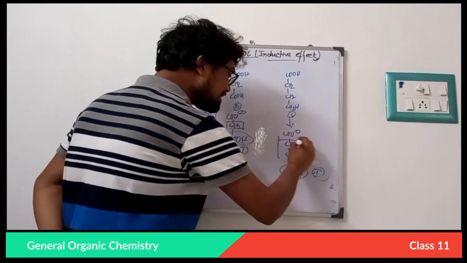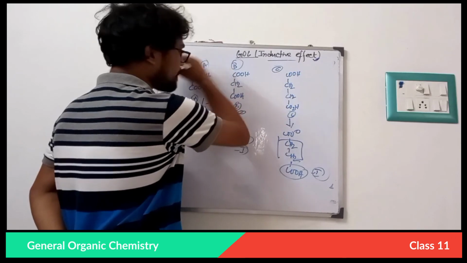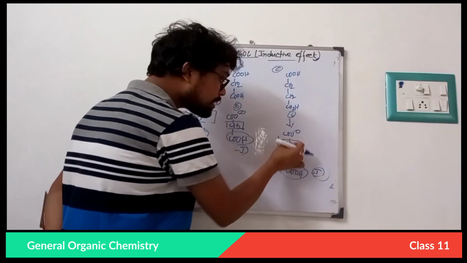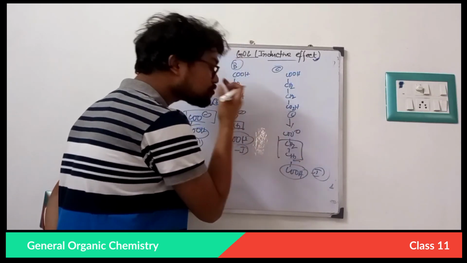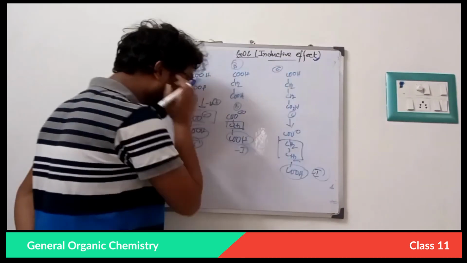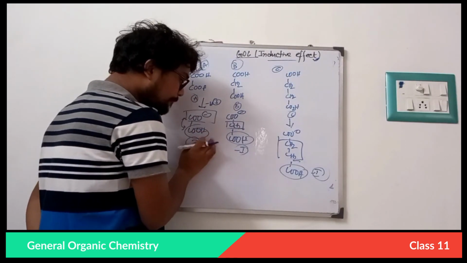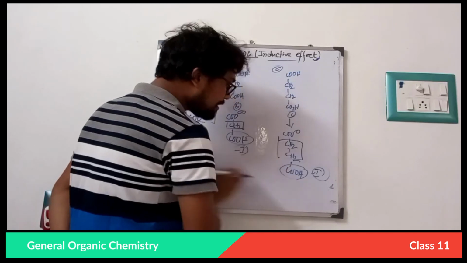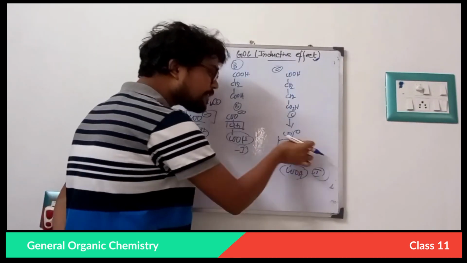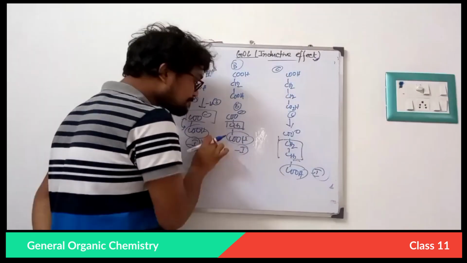And in the last case, this is C, this is B, and this is A. In C, two CH2 groups are present between this COOH and CO minus. So I can say that the minus I effect of COOH is decreasing with the increasing of CH2 groups. Here the minus I effect is least, and here the minus I effect is maximum.